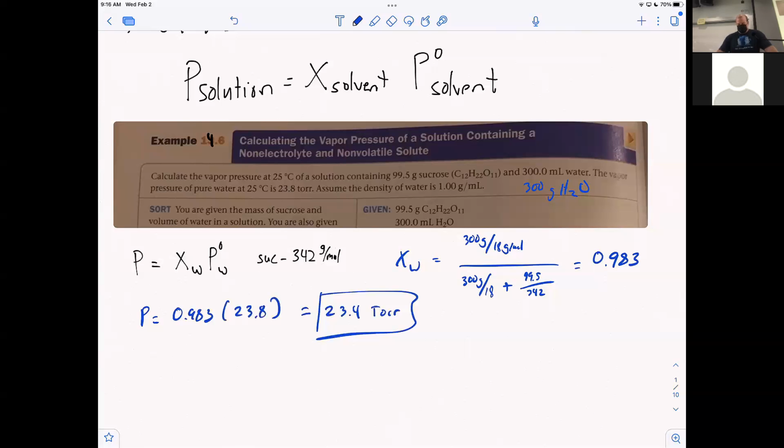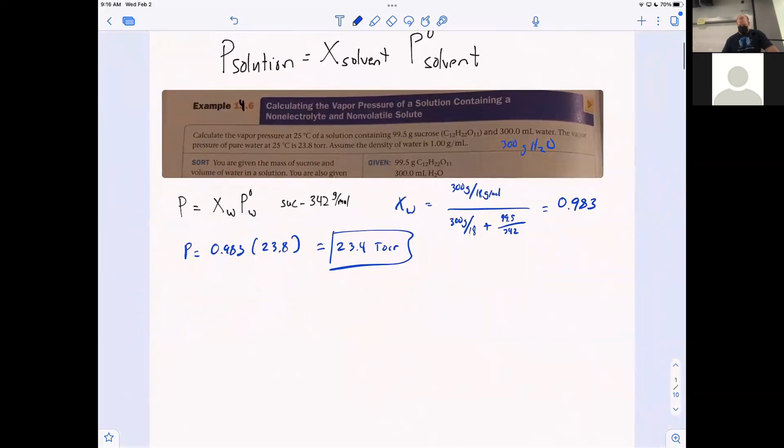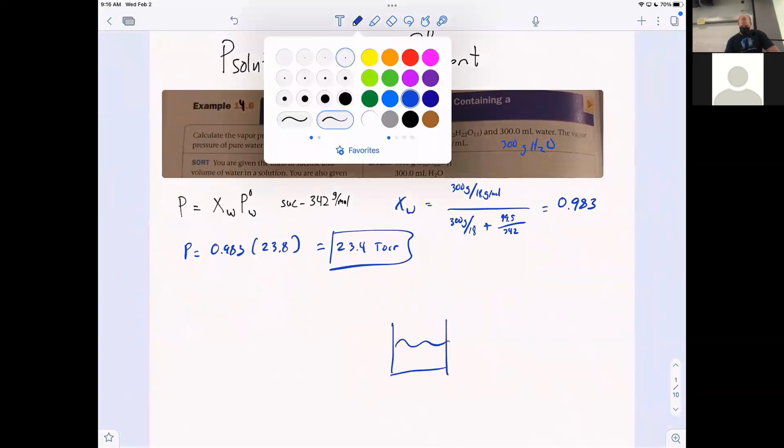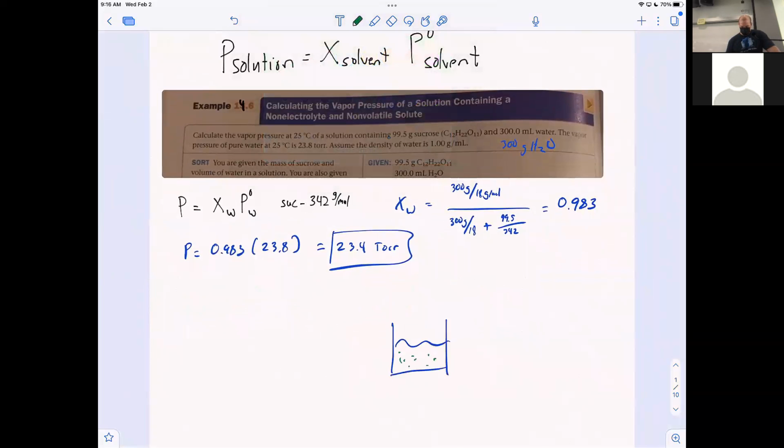And what this means with Raoult's law is, if I have a solution in my beaker and I start putting stuff in, dissolving it, the vapor pressure actually goes down slightly. The reason is that the solvent, which they have the most of, is tied up by the solute. If it's tied up by the solute, it doesn't have the freedom to leave as easily. So that's Raoult's law.